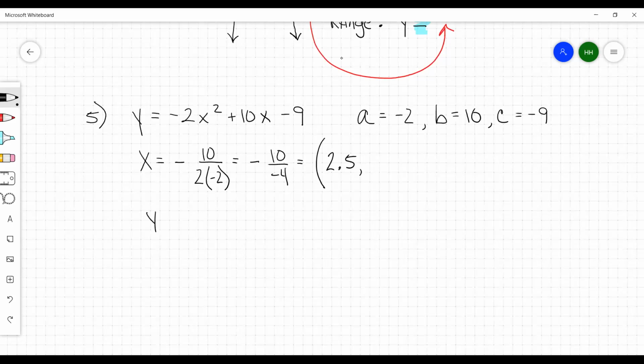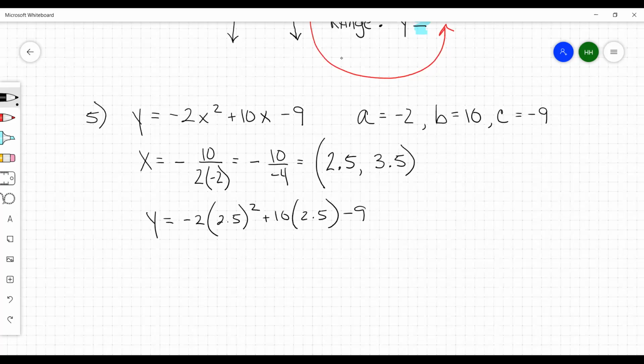So our Y here is equal to negative 2 times 2.5 squared plus 10 times 2.5 minus 9. And I get 3.5. Anybody else get that? All right, 3.5.